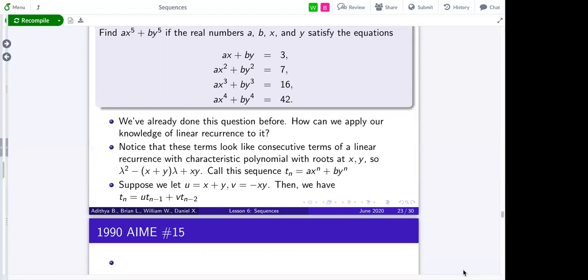Now that we have this recursion in terms of t sub n, how do we proceed? We remember the four equations they gave us are basically just the first four terms of t sub n.